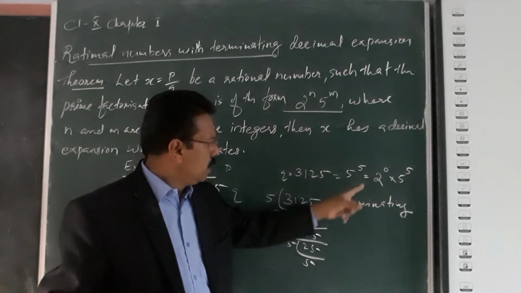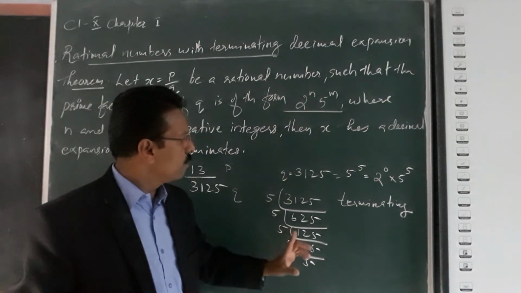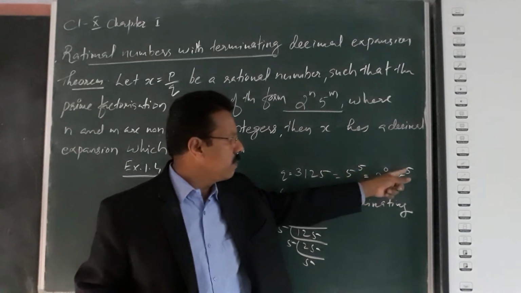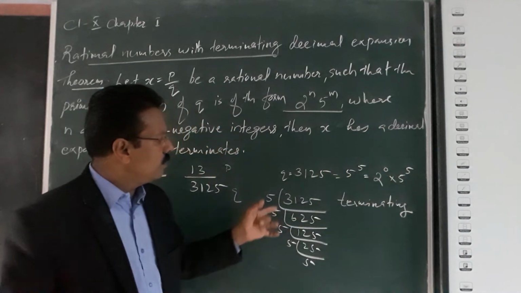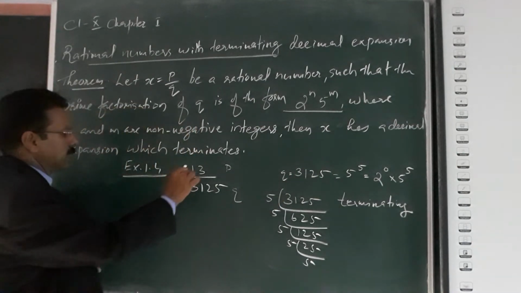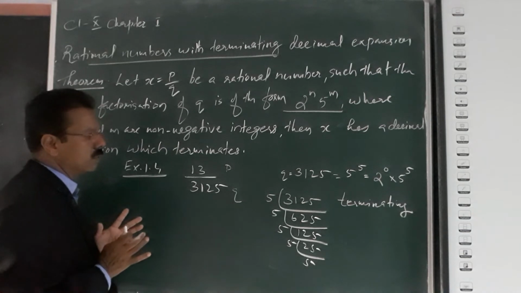Here there is no 2 factor, that is why we write 2 raised to 0, and there are 5s, so we write 5 raised to 5. Therefore, in this question, the rational number 13 by 3125 is terminating.